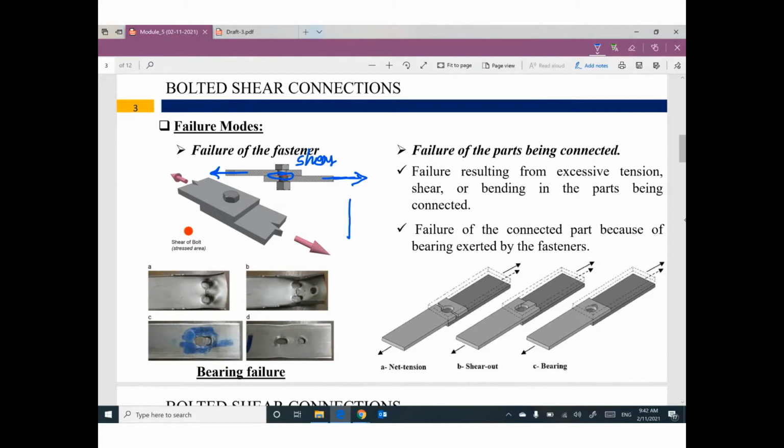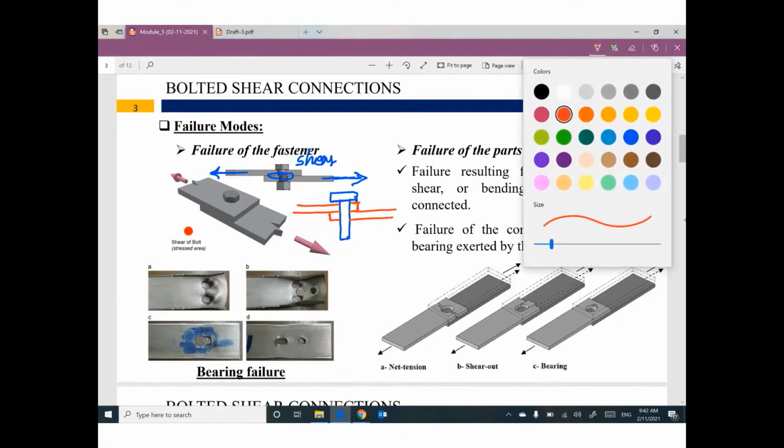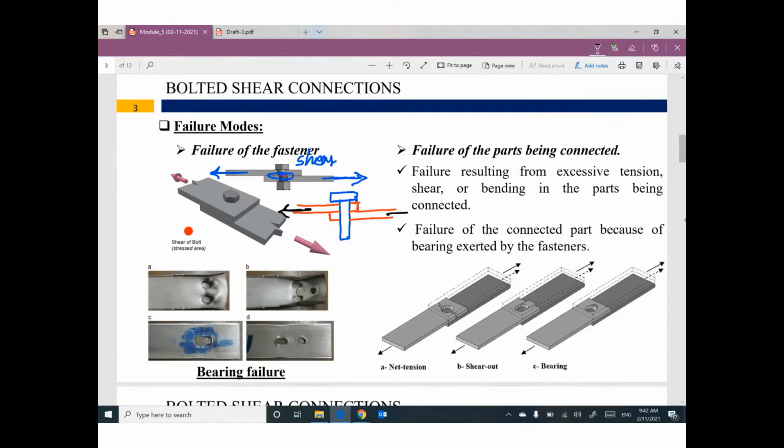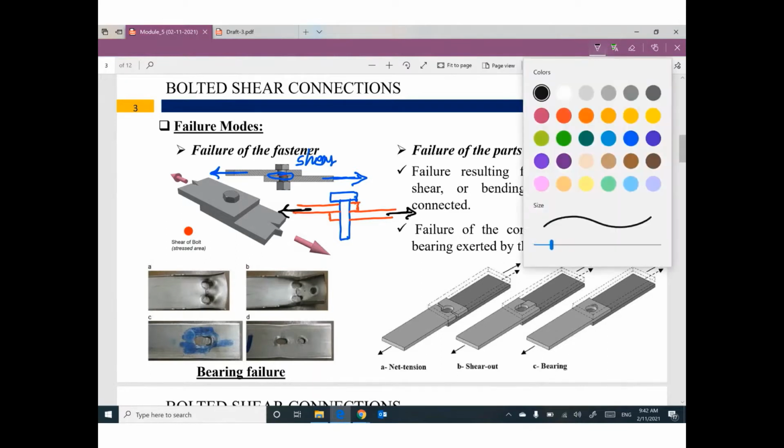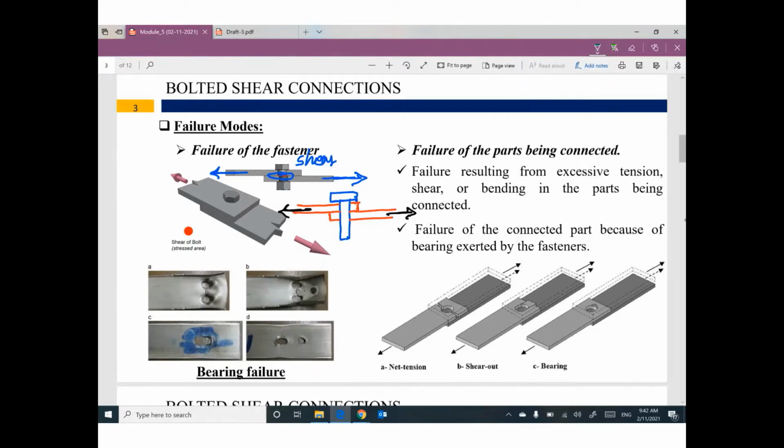Here is a bolt, looks like this. The upper part is here, and the lower part is here. That makes sense? So if you have tension in this part and tension in this part, what do you expect for the bolt? We expect shear, because this force and this force are perpendicular to the shank of the bolt. So shear will cause shear off, or failure of the fastener. This is the first mode of failure.